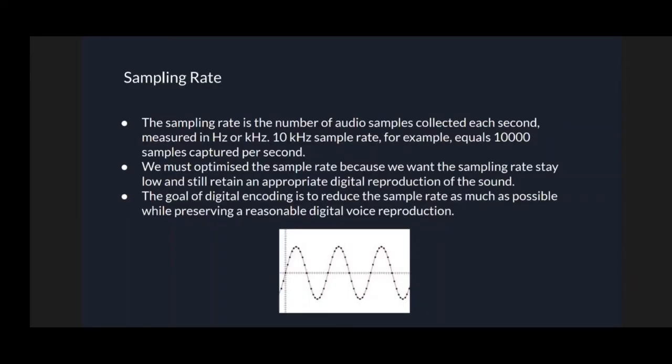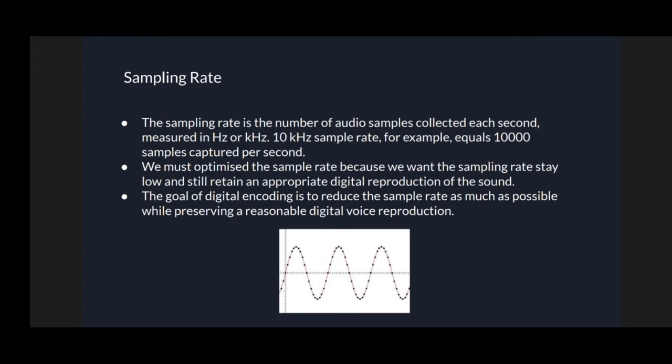Next is sampling rate. The sampling rate is the number of audio samples collected each second, measured in hertz or kilohertz. A 10 kilohertz sample rate, for example, equals 10,000 samples captured per second.